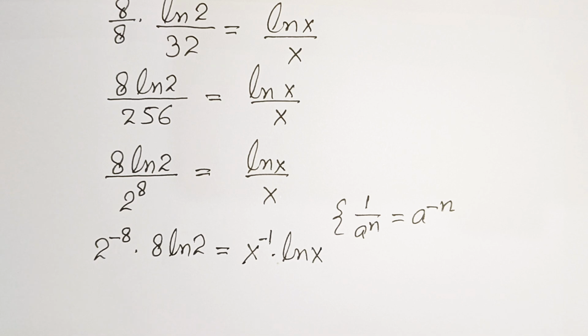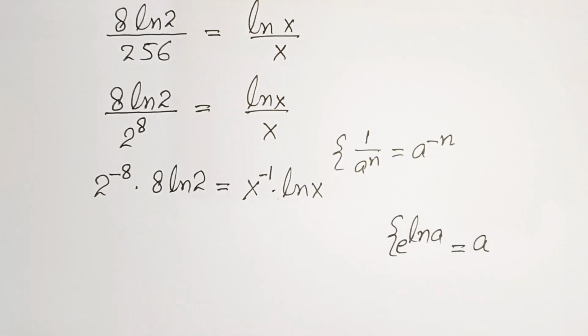So now as we know that e to the power natural log of a is equal to a, similarly if we write e to the power natural log of 2 to the power minus 8, it is equal to 2 to the power minus 8.